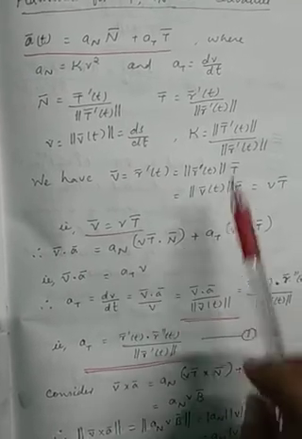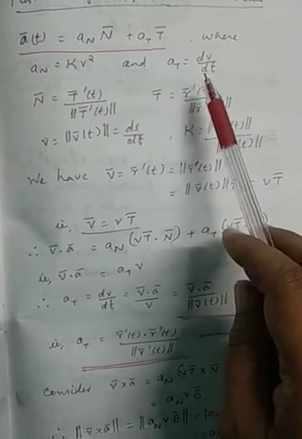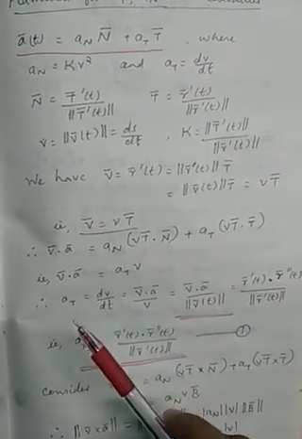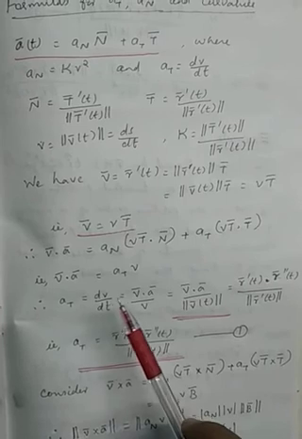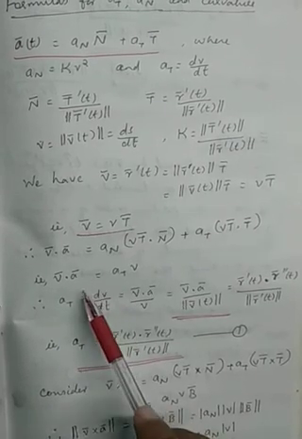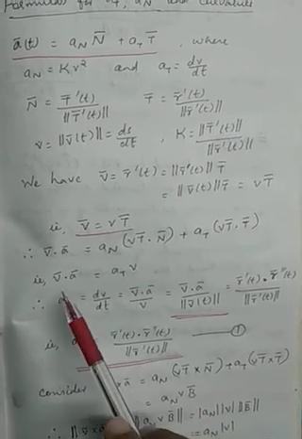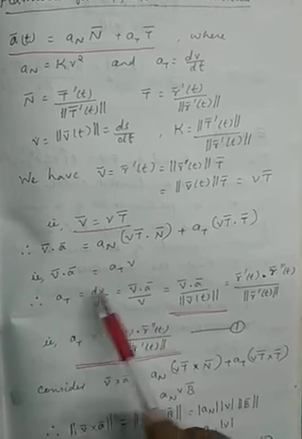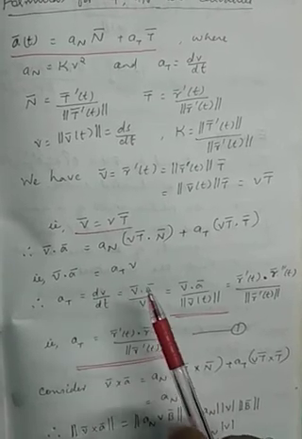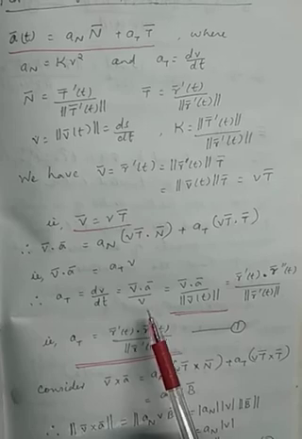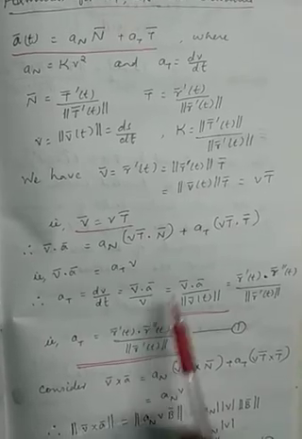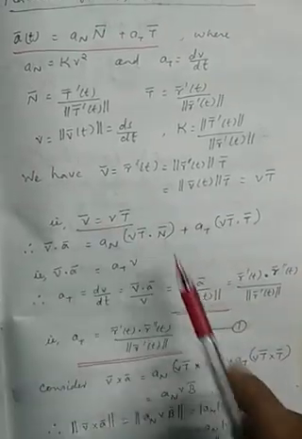We have the formula for AT, which is given by dv by dt. So actually AT is equal to dv by dt, and from this, what is AT? V dot A divided by v. So AT is equal to v dot A divided by v. And what is v? v is the speed, which is given by norm of vector v.